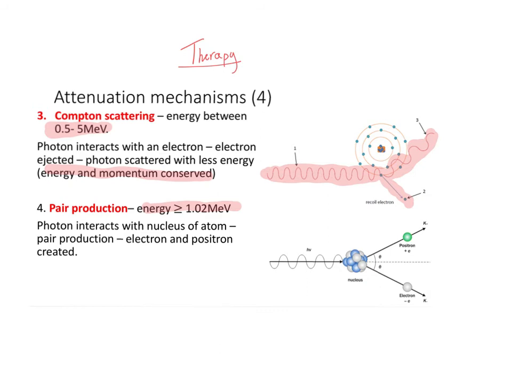They have specialized machines that they call LINACs. So basically they're linear accelerators, and they use high energy X-ray photons like these ones. These photons will be used to kill off cancer cells, and they do so through Compton scattering and pair production. So these are the methods used for therapy, to treat cancer.